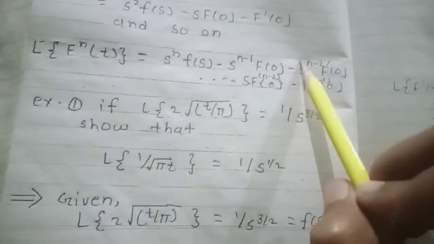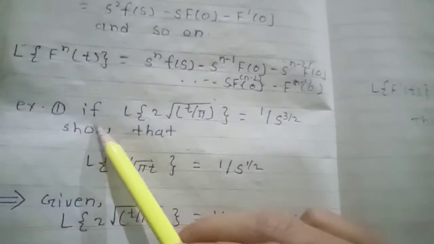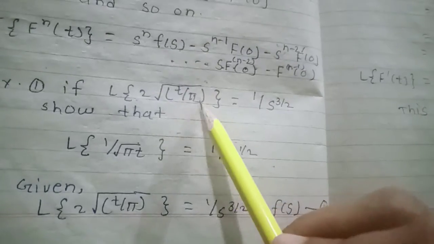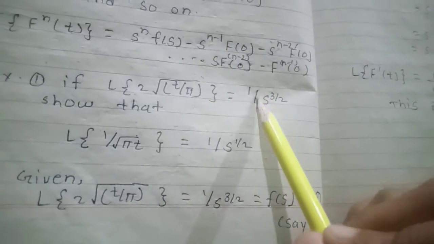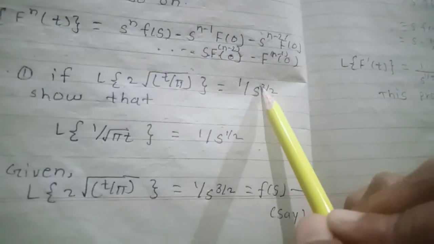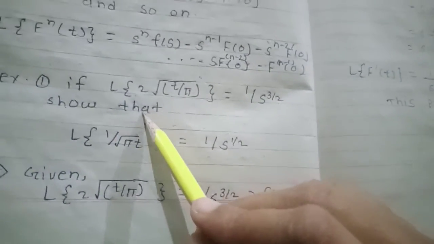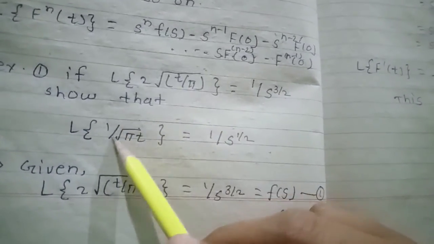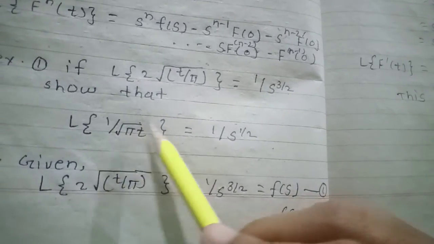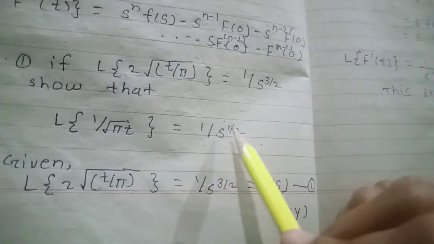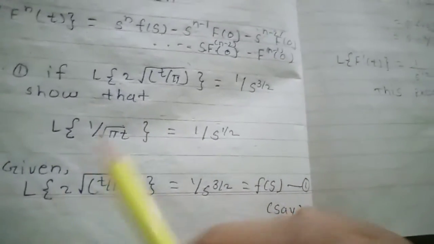Then one example: if the Laplace transform of 2 root of t by pi is equal to 1 divided by s raised to 3 by 2, show that the Laplace transform of 1 upon square root of pi t is equal to 1 divided by s raised to 1 by 2.